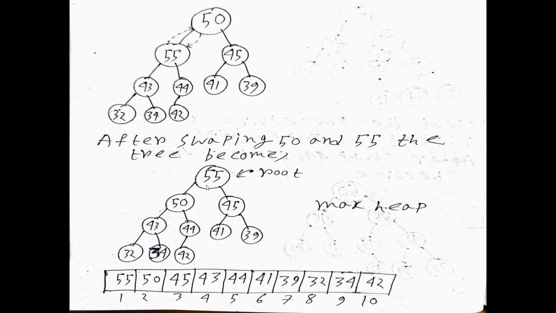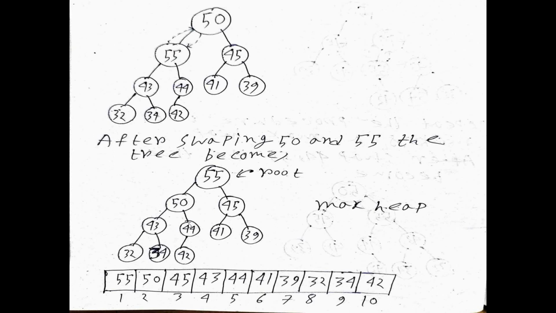55, then left child 50, 45, 43, 44, 41, 39, 32, 34, 42. Now this is our max heap. Why? We check the root, 55. 50 and 45 are lesser than the root, so 55 is greater than 50 and 45.